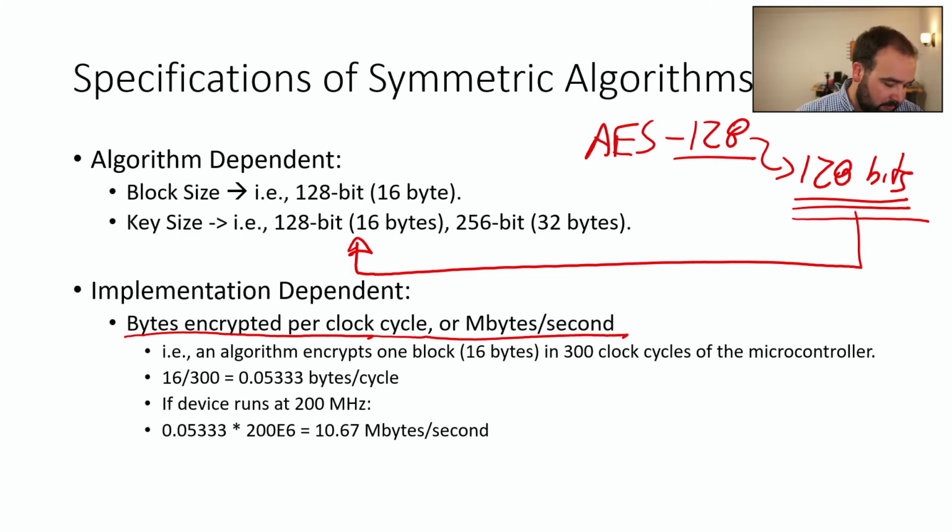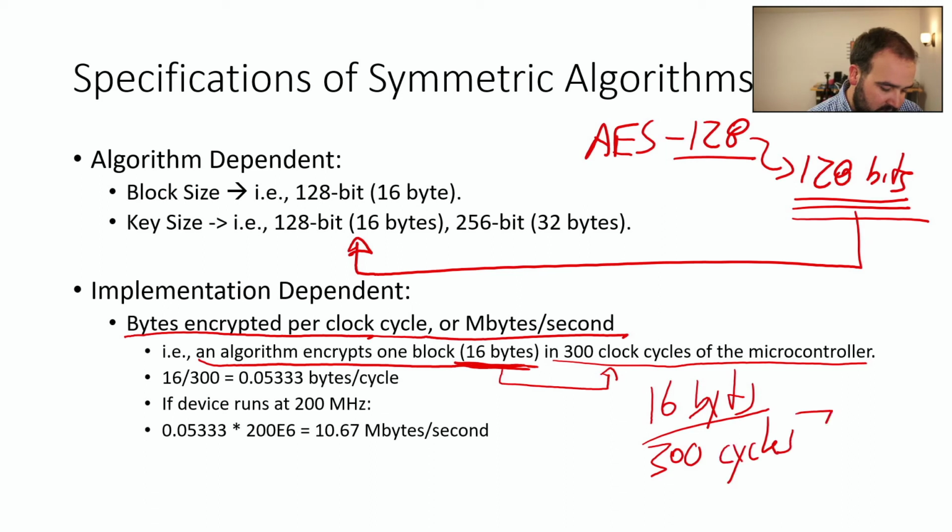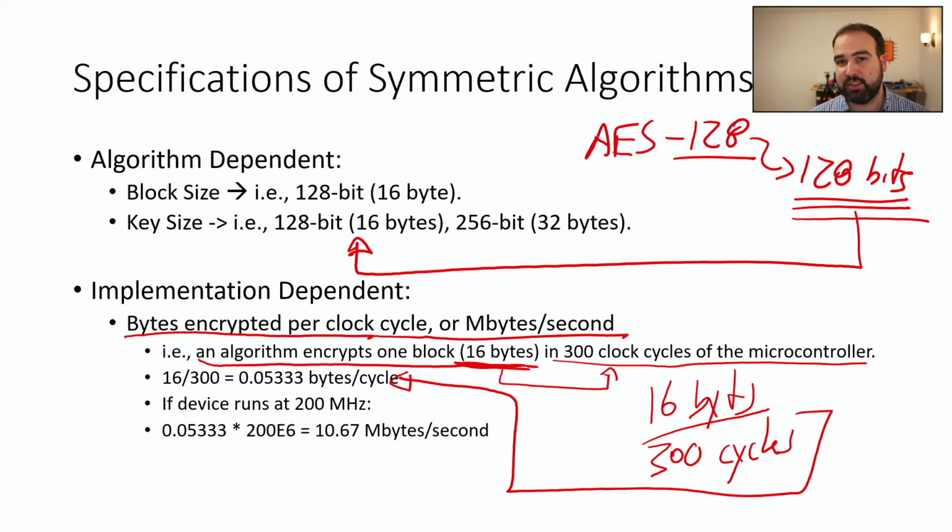As a simple example, let's say you have an algorithm that is using a 16-byte block size. Again, we always operate on a block at a time. And to do that whole block, it takes 300 clock cycles of whatever this microcontroller is. So 16 bytes over 300 cycles gives us 0.0533 bytes per cycle.